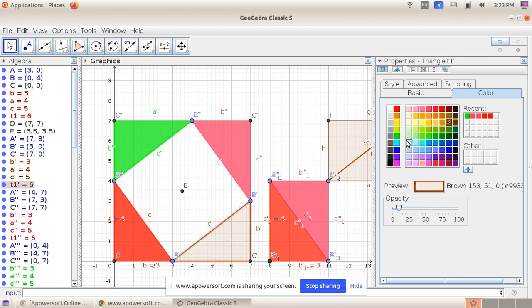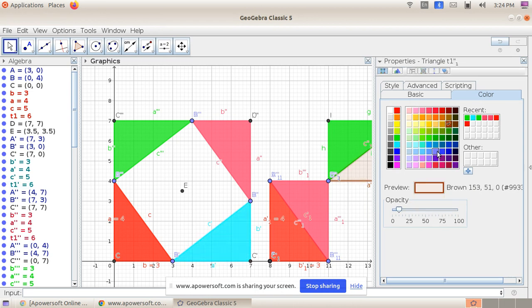Again this one. First of all, we will put this one the green color. Again this one. I'm giving somewhat another color, that is this one. Again this object also with the same color.